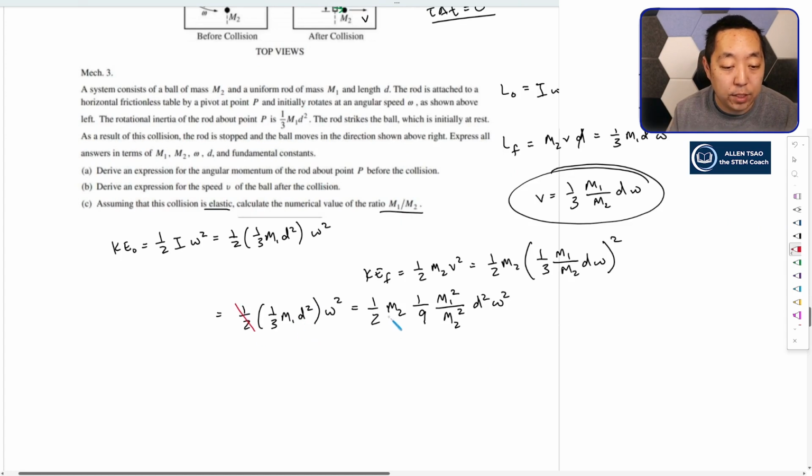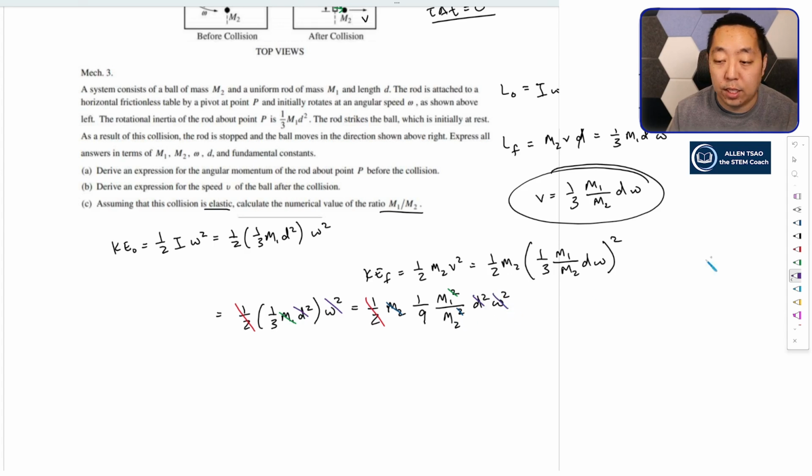Then the 1/2s cancel. We'll just do some canceling. One of the m1s will cancel. One of the m2s here will cancel. The d squareds will cancel, and so will the omega squareds. So on the left side, we have 1/3 is equal to 1/9 m1 over m2. And look at this, we just want to solve for m1 over m2. So multiply by 9, and we get it's equal to 3.